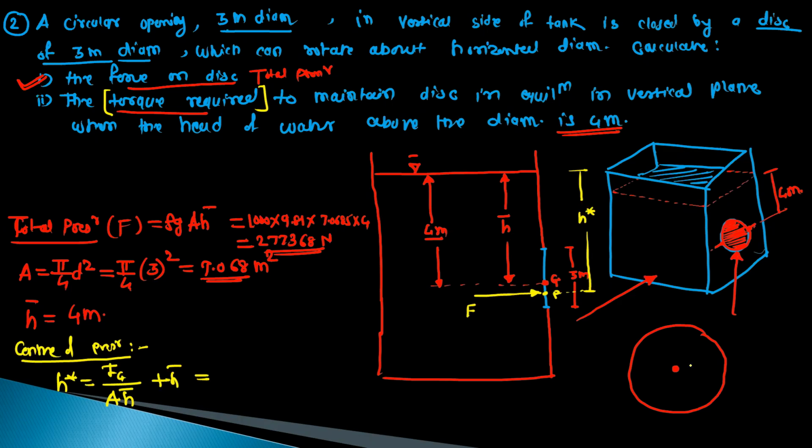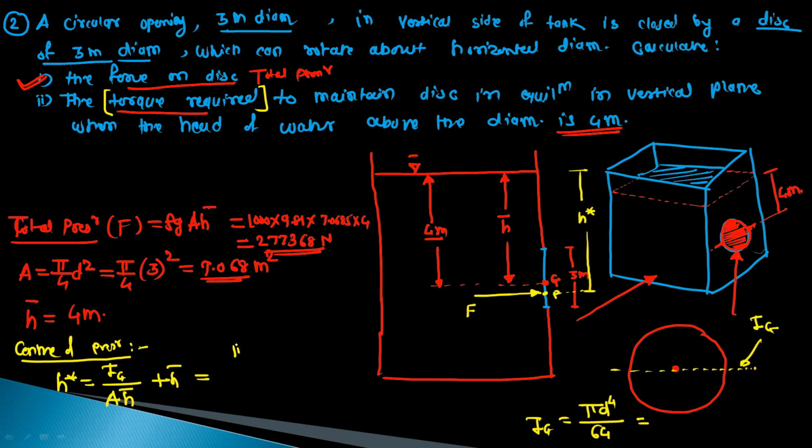For this circle, about its diameter, the formula for moment of inertia about this axis is Ig equal to pi d raised to 4th upon 64. By using this formula, you can calculate the Ig value.